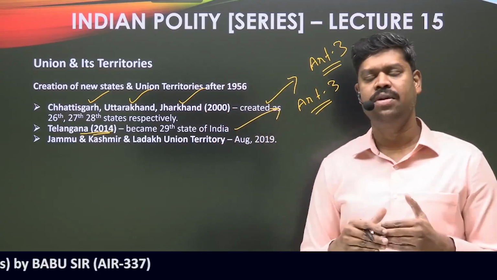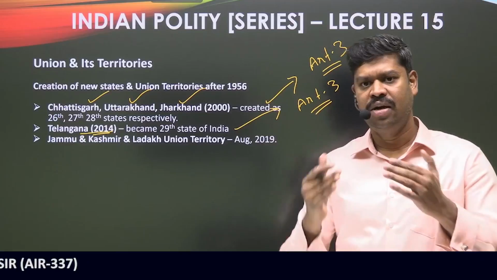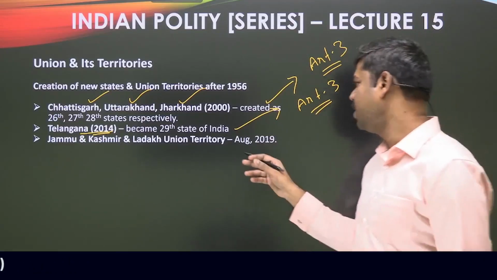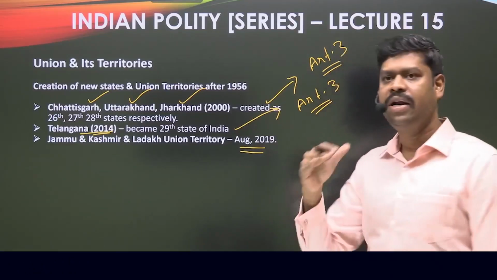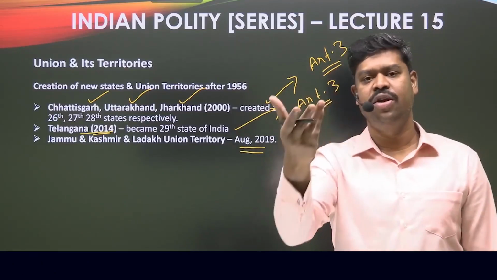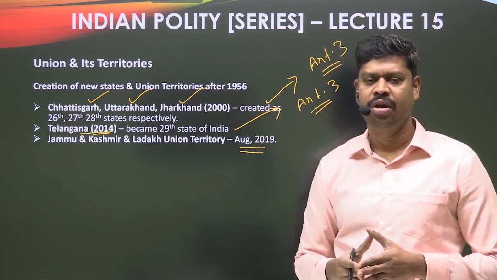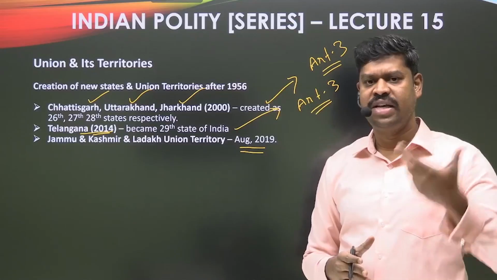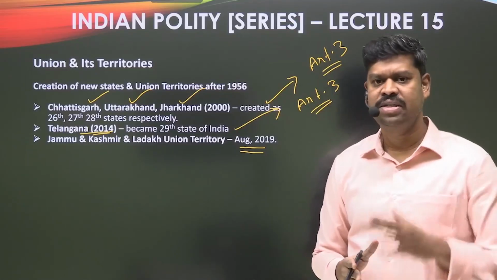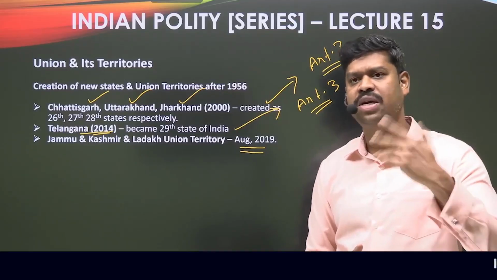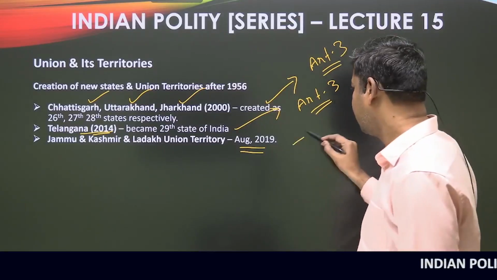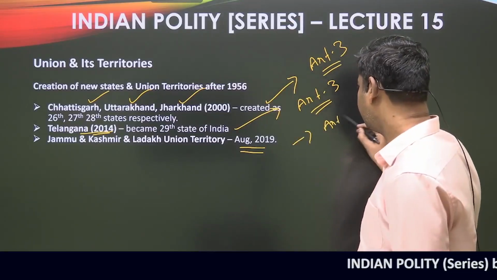So what happened? Subsequently a new development happened in 2019, when a particular state in India was converted into 2 union territories. Which state was converted into 2 union territories? The state of Jammu and Kashmir was converted into 2 union territories, again under Article 3 of the Constitution.